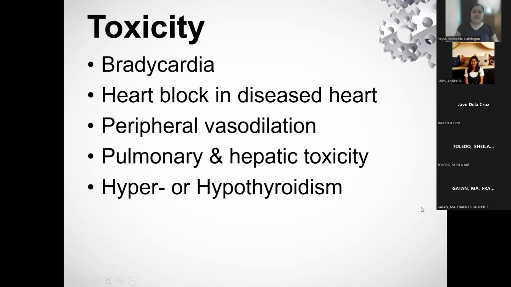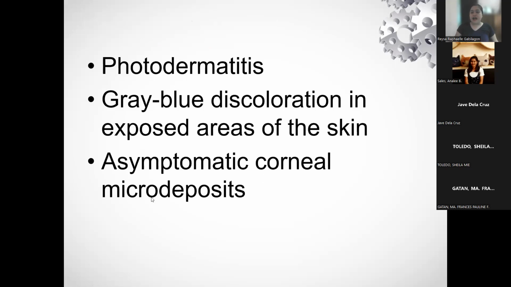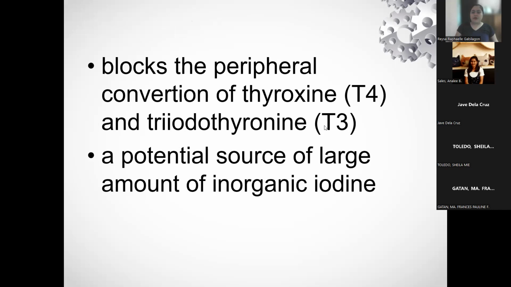So that is the reason why the patient may experience either hypo or hyper. So it goes like this. In our thyroid gland, that's the small gland in the neck part.